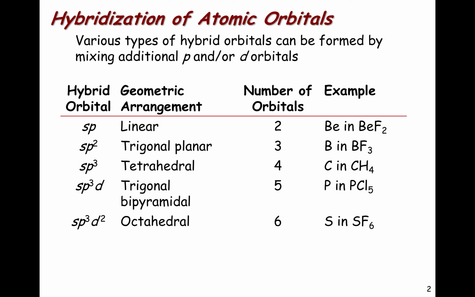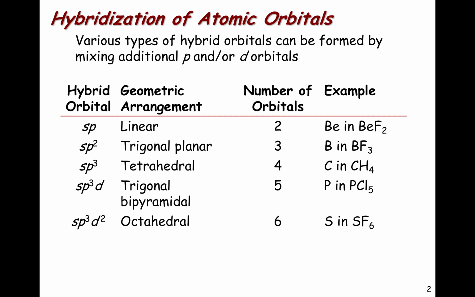Whereas if you have a trigonal planar structure, this would require three orbitals to form the bonds, and this would be an sp2 type hybrid orbital.